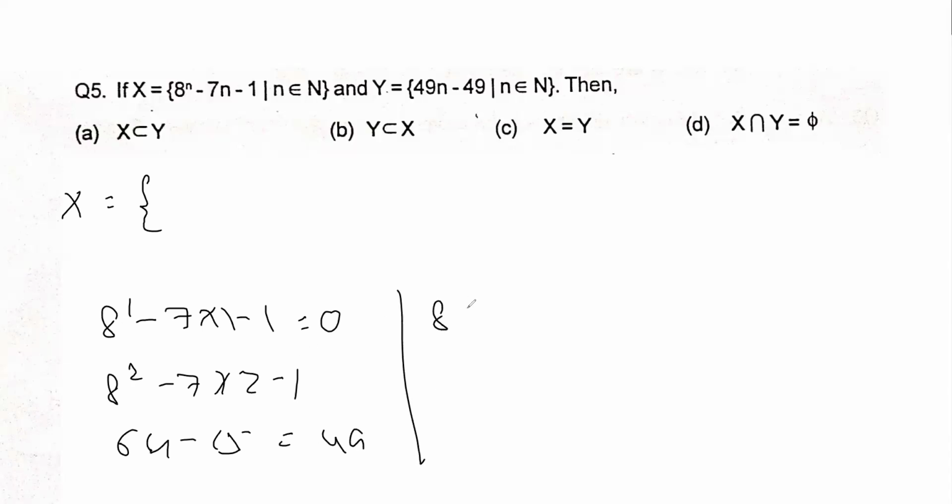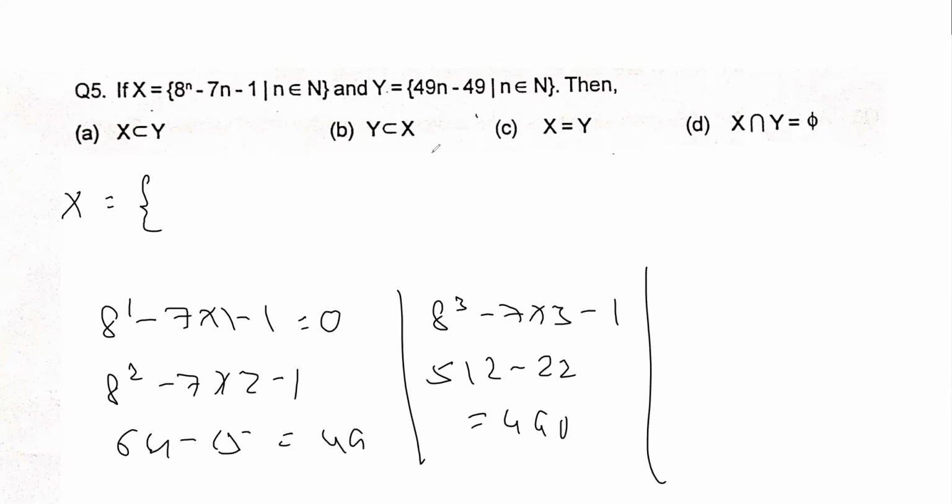Similarly, if I replace n with 3, 8 cube is 512, minus 21, minus 1. This is 512 minus 22, since 7 threes are 21, minus 1. So it gives 490. Let's find till here only. So we got the first as 0, second as 49, third as 490.